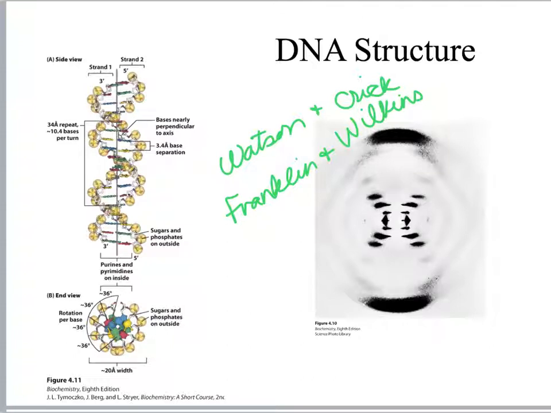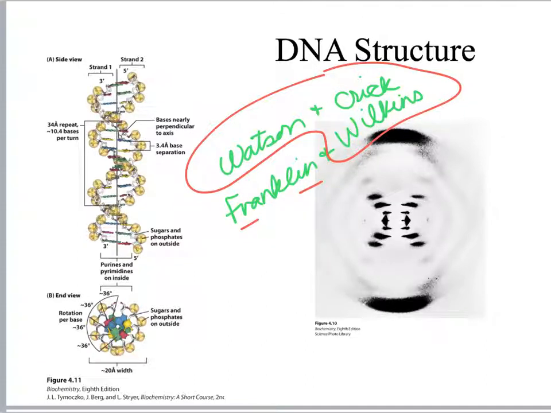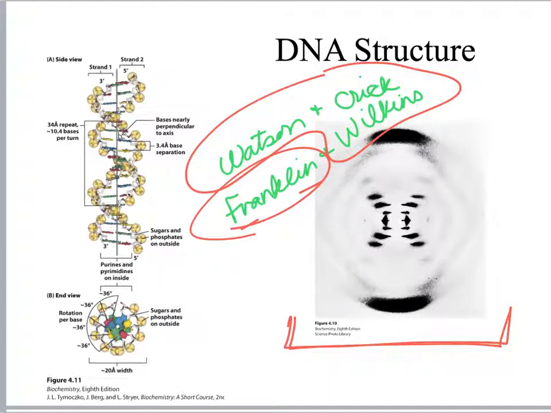You may or may not know that these three men actually obtained the Nobel Prize for the structure of DNA. However, Rosalind Franklin did not, because she had passed away prior to it being awarded, and Nobel Prizes are not awarded posthumously. But it was a collaboration between these individuals that led to the discovery of the overall structure. Of course, the crystallography data was that of Rosalind Franklin's.